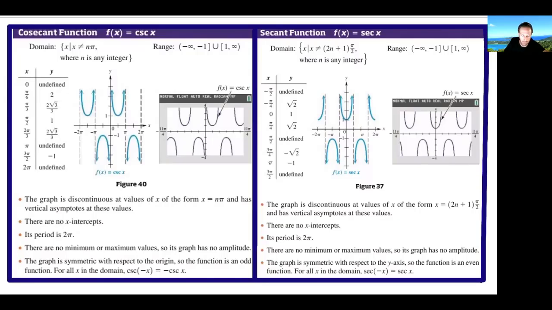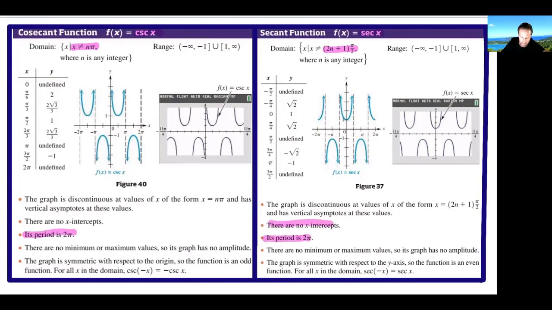All of the different parts that we talked about are on here, like where the issues are for each of these, which hopefully you see coincide with either the cosine or the sine values. Then we talked about the periods being the same.